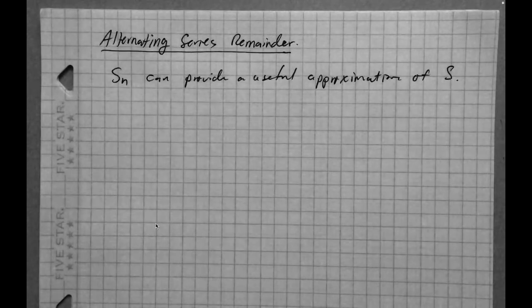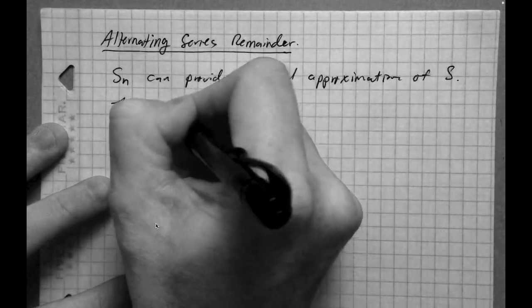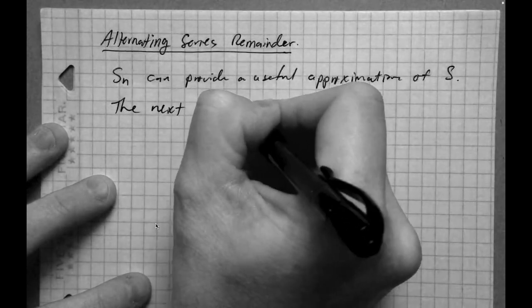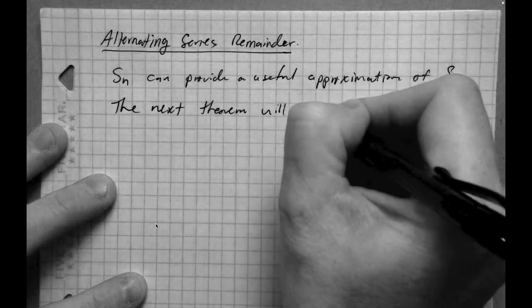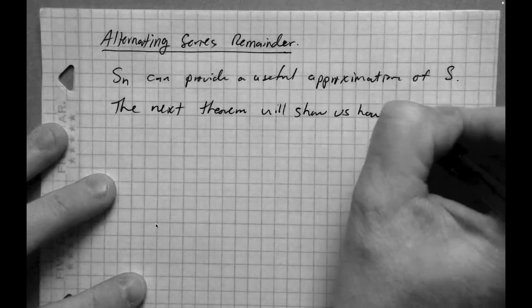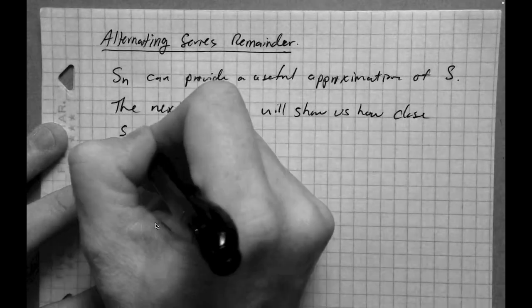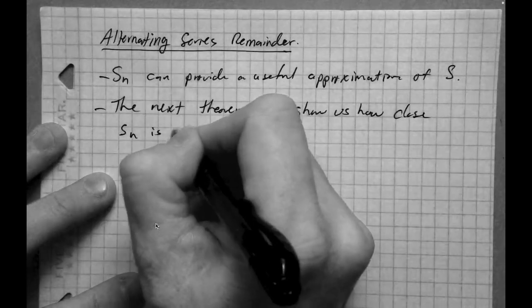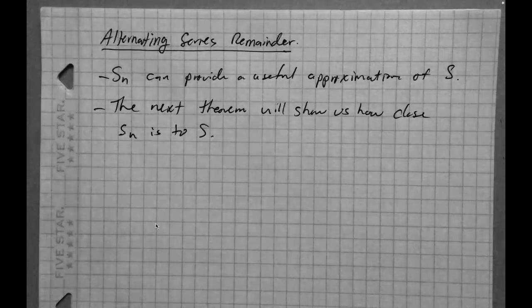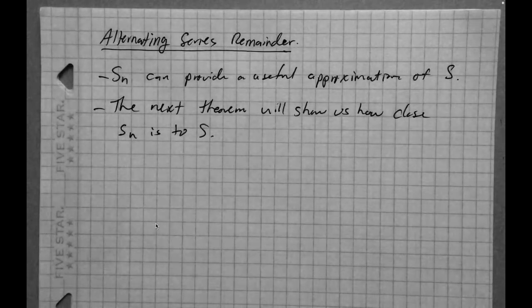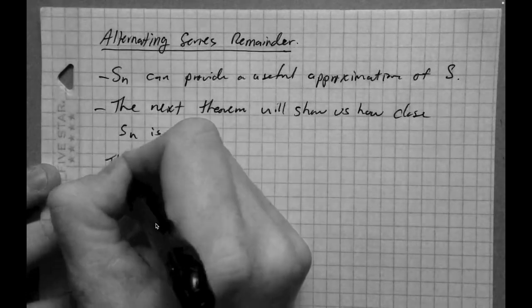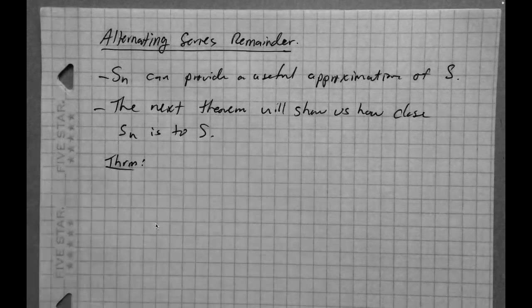So the next theorem will tell us something about how close S of n is to S. Okay, how close S of n is to S. Okay, and this is a nice one.